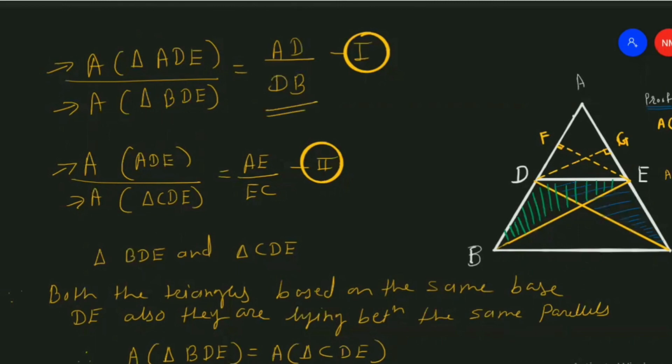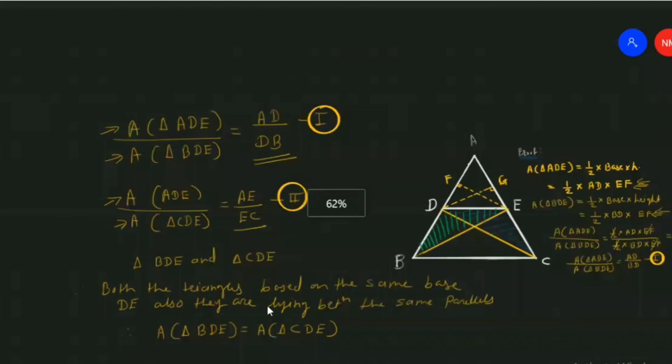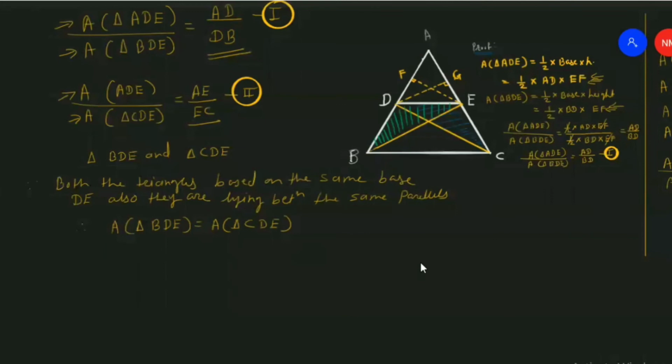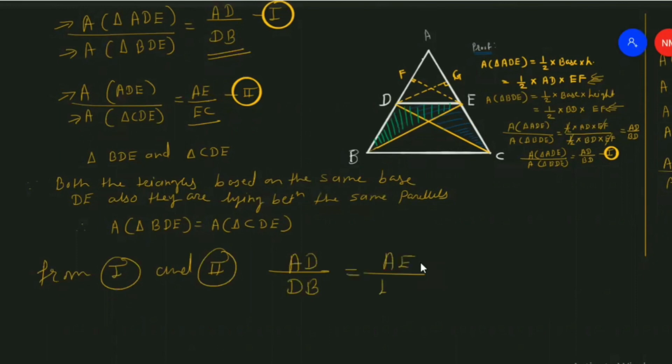So from equation 1 and 2, the left hand sides are equal, and therefore the right hand sides will also be equal. So let's write the last conclusion: from 1 and 2, we can write AD upon DB equals AE upon EC.